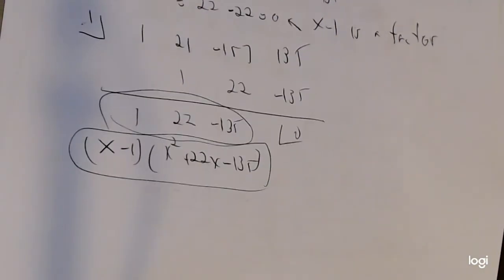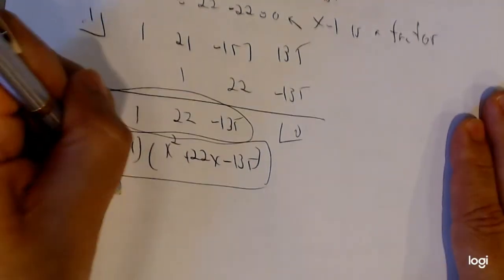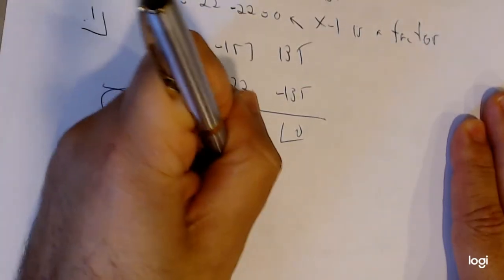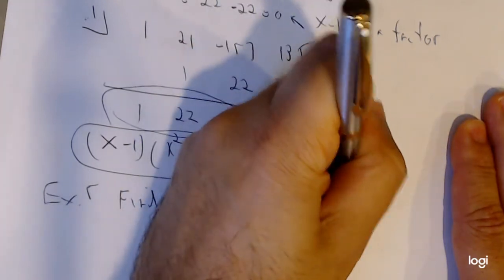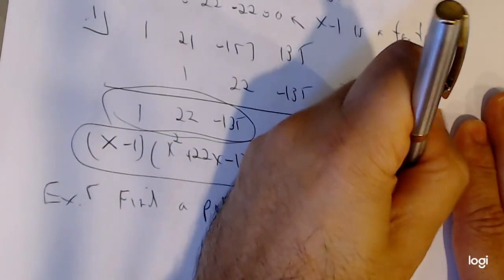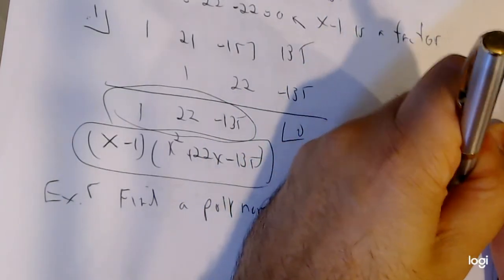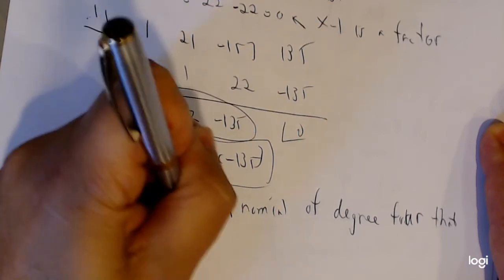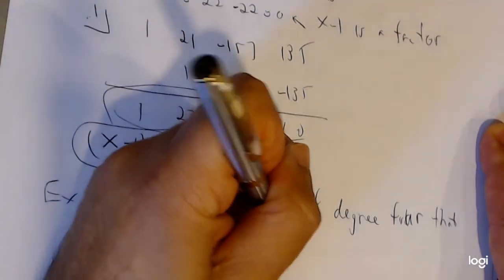So notice how I was able to factor it out with a remainder of 0, obviously, because that's what we like. Okay, now for example 5, we're going to work backwards. Find a polynomial of degree 4 that has zeros of 1, 3, and 4.